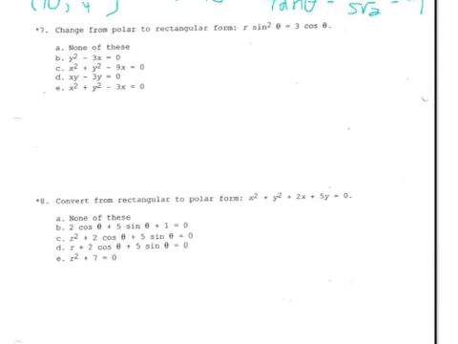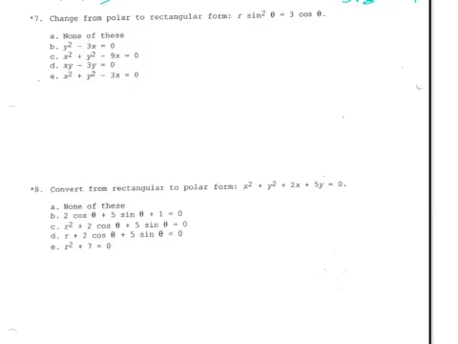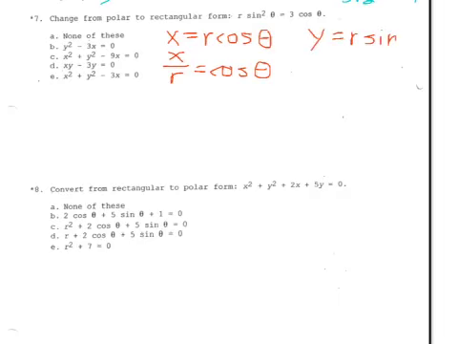All right, moving on down to number 7. Change from a polar equation to a rectangular equation. So we definitely want to remember the two formulas. x equals r cosine theta, or x over r equals cosine theta, and y equals r sine theta, or y over r equals sine theta.